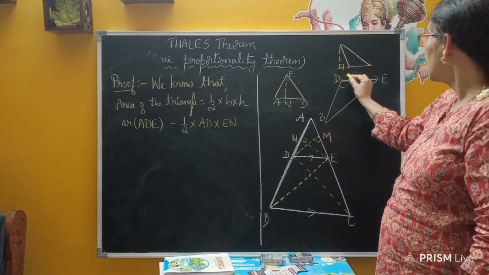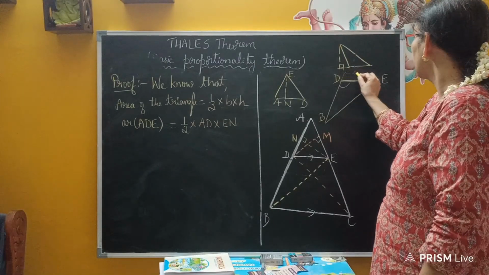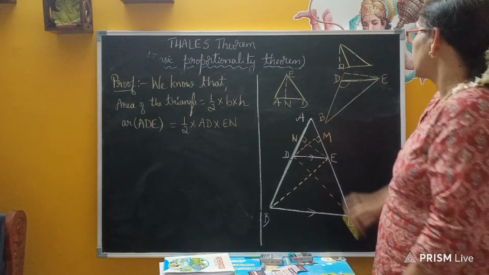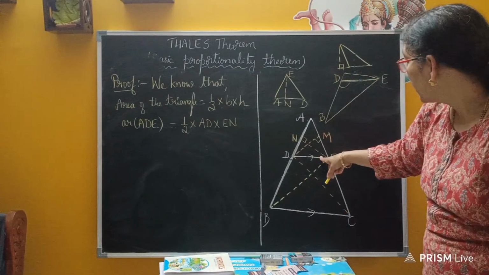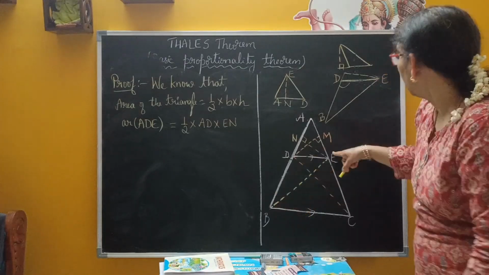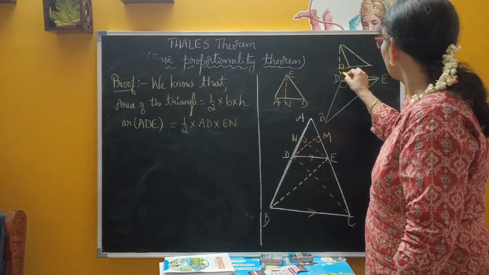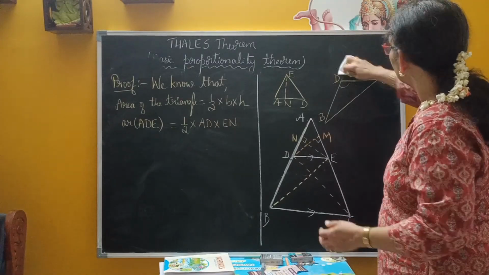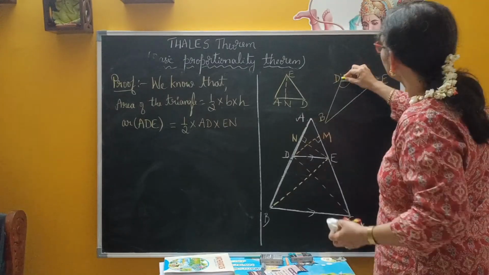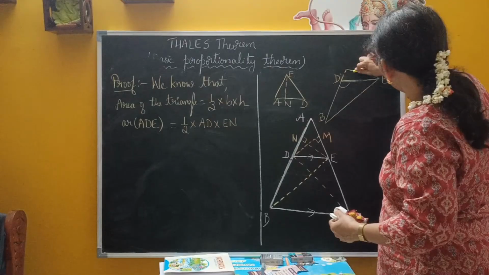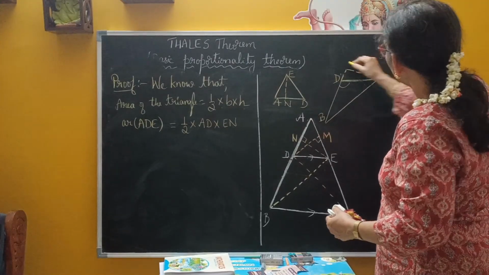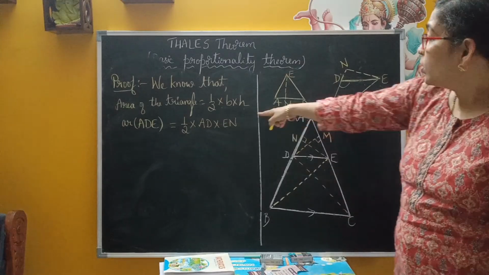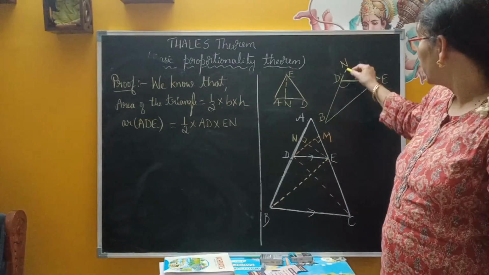So similarly, here we get height at this point. In this triangle BDE, which is the height? This is point N. Am I right? So this part is EN. How can we use the formula now? Half into base into height. Half into base is BD.